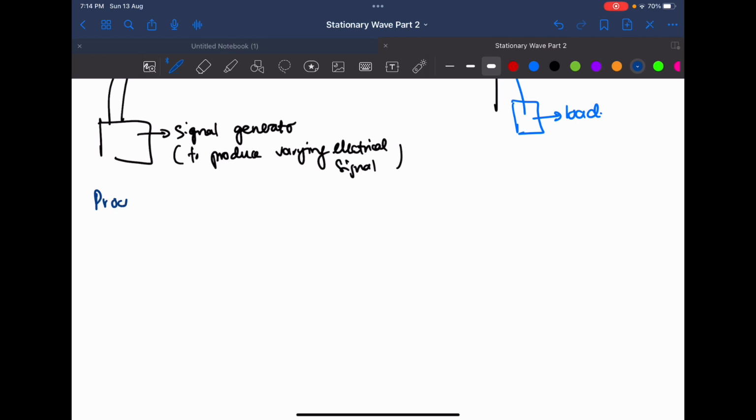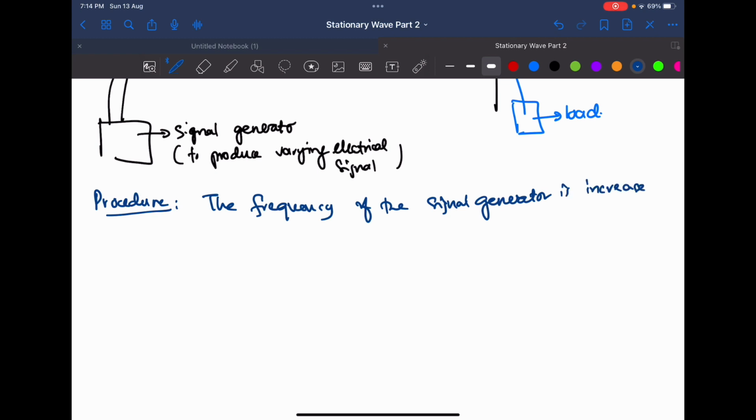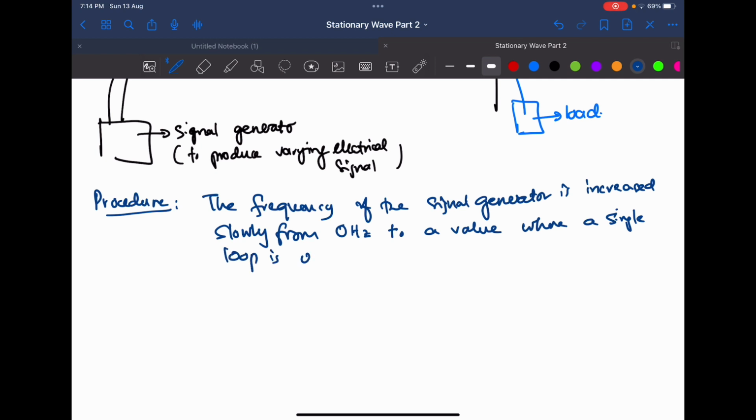So the frequency of the signal generator is increased slowly from 0 Hz to a value where a single loop is obtained or observed.